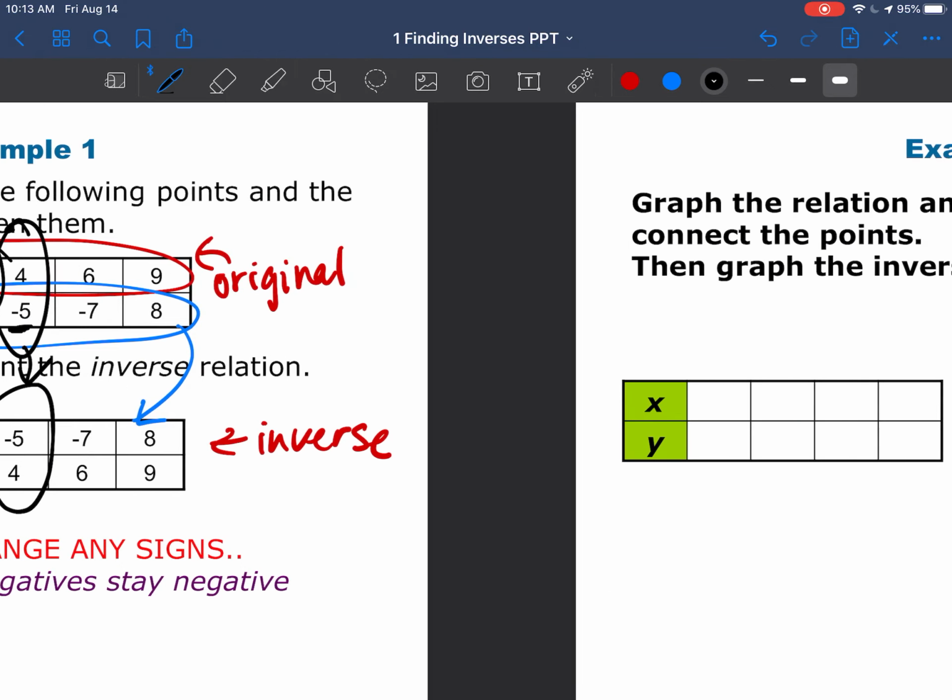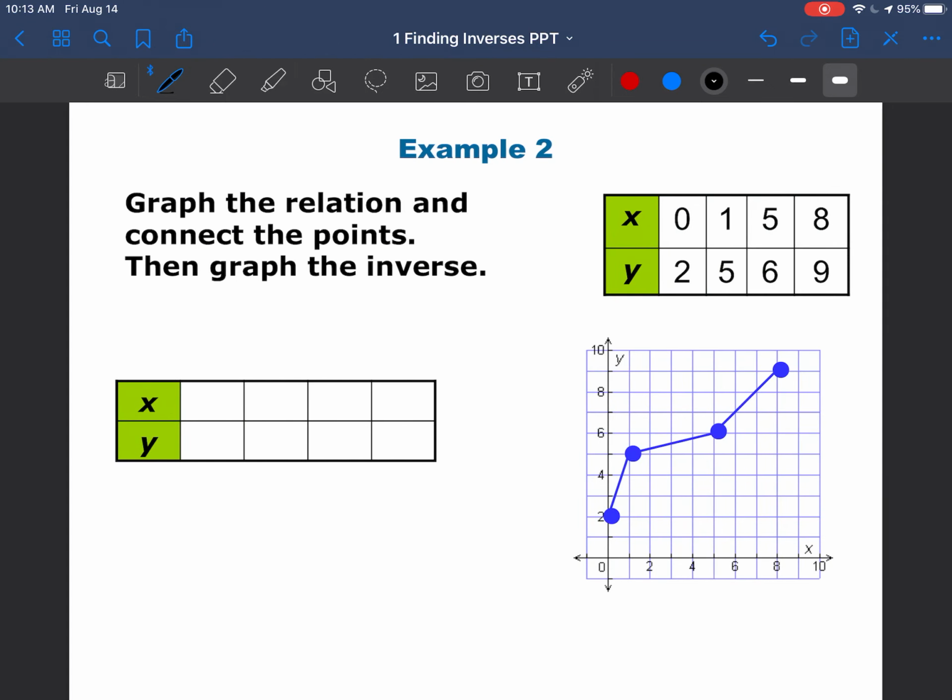And so to do this by hand, if we are given this original graph with the points 0, 2, 1, 5, 5, 6, and 8, 9, to graph the inverse function, we would put the y's here, so 2, 5, 6, 9, and the x's here, 0, 1, 5, 8.